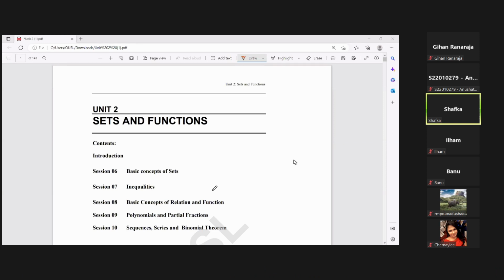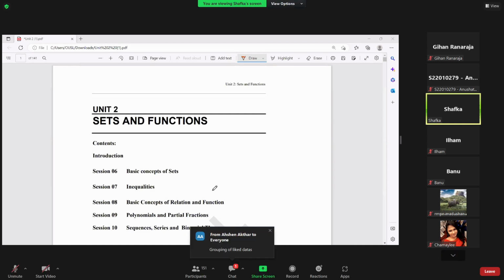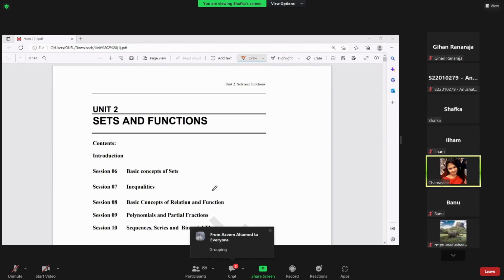It's an organized collection of objects or whatever it is.